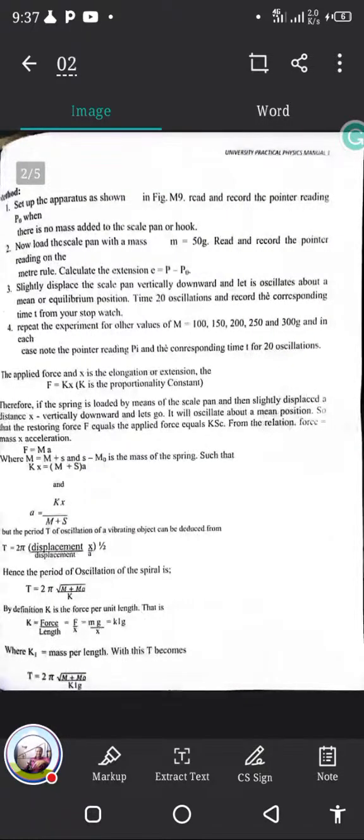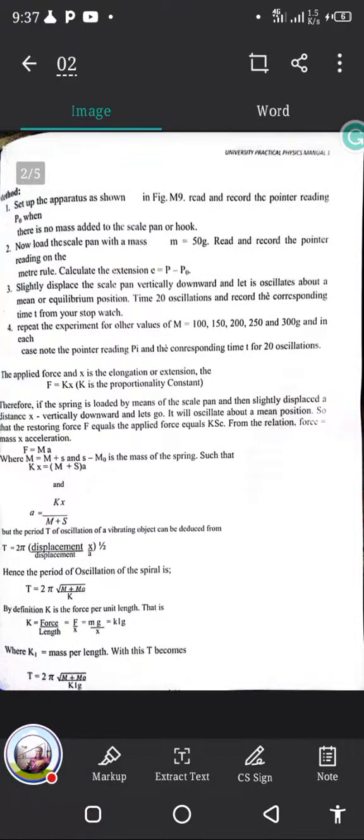There's going to be an extension produced because the spring itself has its own weight, but in the course of this experiment, we are not going to be adding the weight of that spring into the masses that will be given to us.